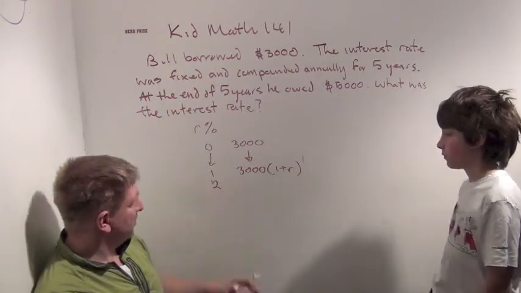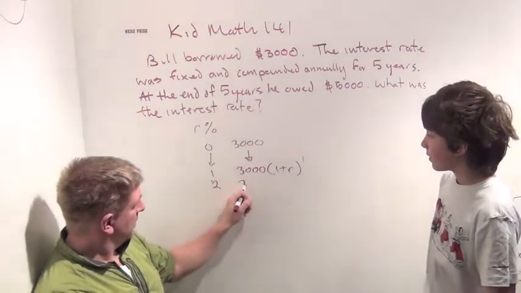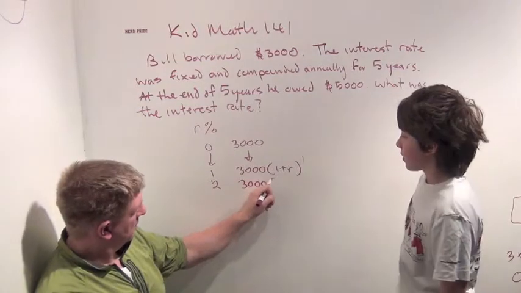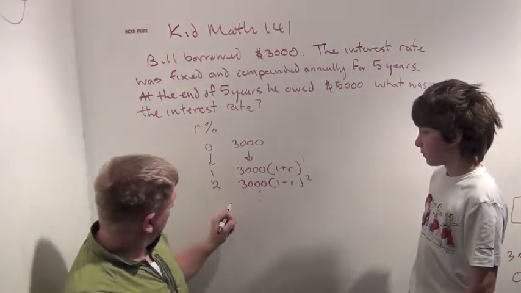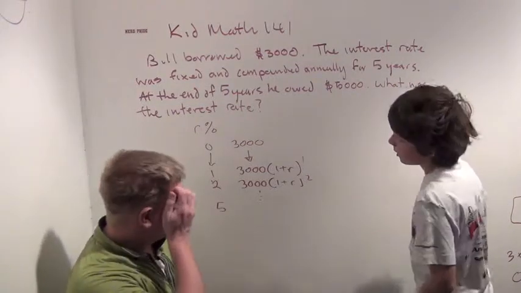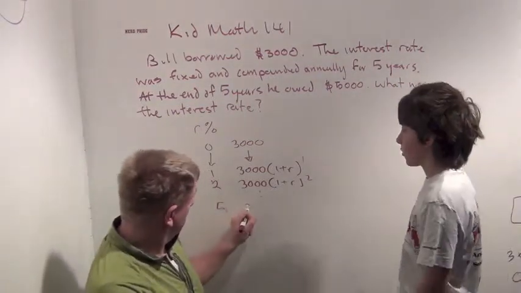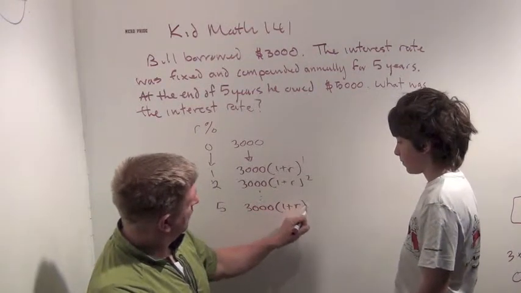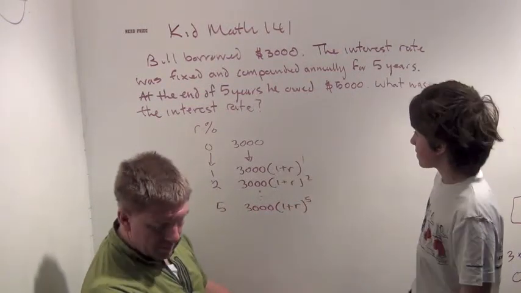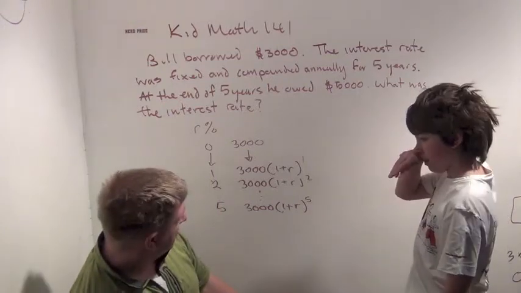At the end of the second year, how much would he have owed? 3,000 times 1 plus R squared. And dot, dot, dot, all the way down to year 5. 3,000 times 1 plus R to the 5th. And this equals $5,000.